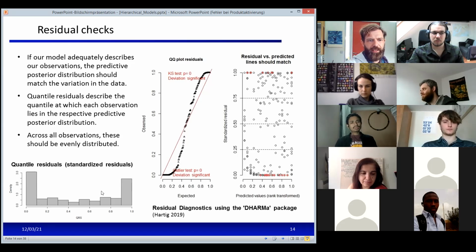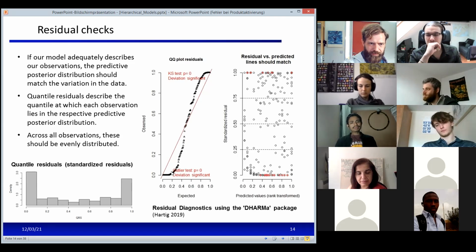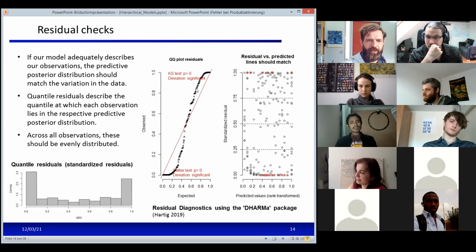And I can also depict this in form of these QQ plots, which are often also shown for regression models in a more frequentist framework, where we then see this deviation as a deviation of the QQ plot from the diagonal.